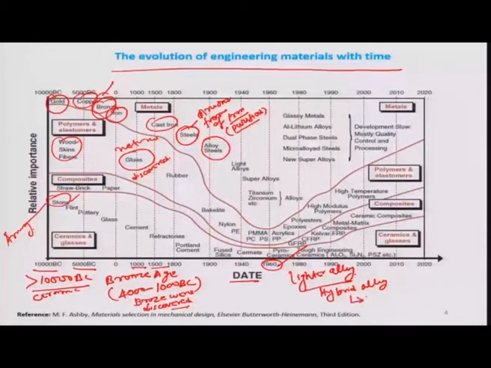A hybrid alloy consists of two or more materials. The main properties of these materials are light weight and higher strength.